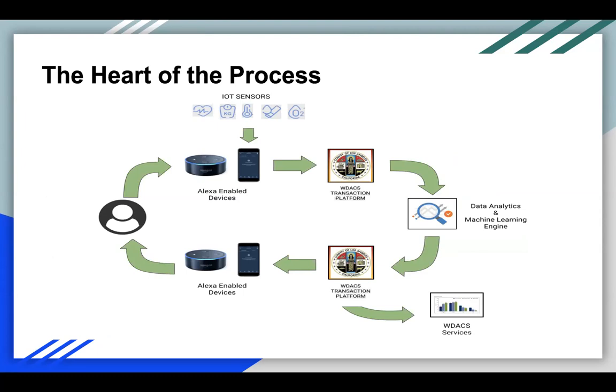The information supplied by the user is then stored and analyzed by our data analytics and machine learning engine. And then that data is readily available to the transaction platform and any associated services. Finally, the transaction platform generates a response for the Alexa device and notifies the user verbally.